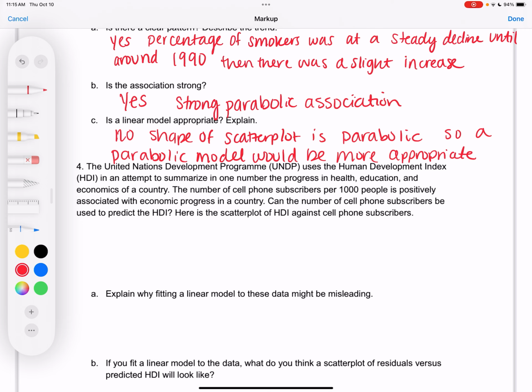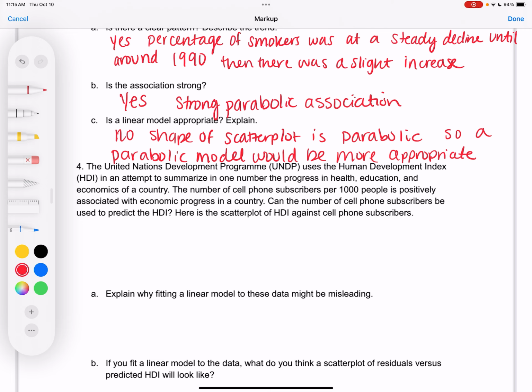The number of cell phone subscribers per 1,000 people is positively associated with the economic progress in a country. Can the number of cell phone subscribers be used to predict the HDI? There's a scatter plot for HDI against cell phone subscribers. So cell phone subscribers is on the x-axis and HDI is on the y-axis.